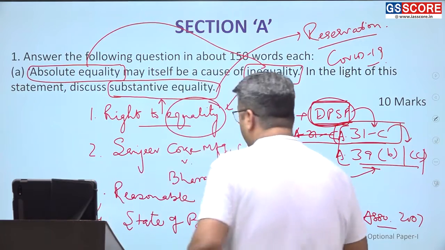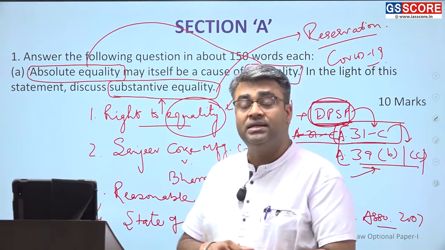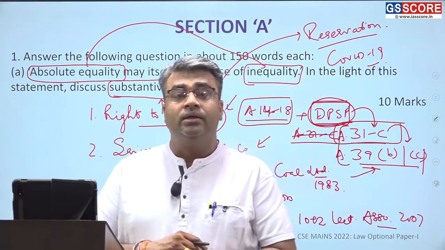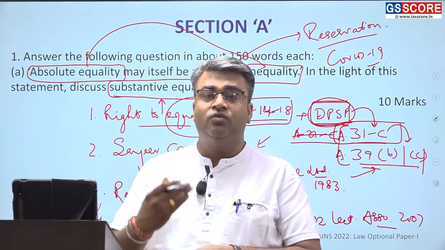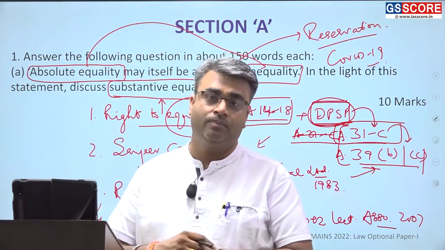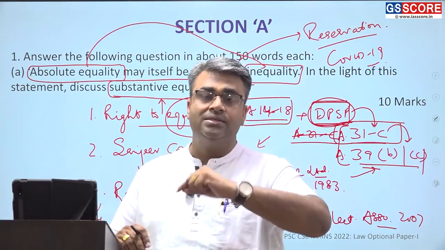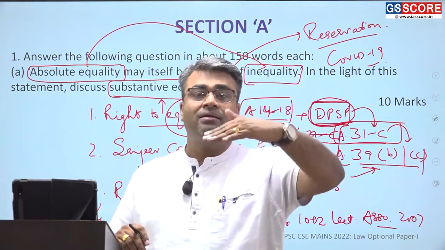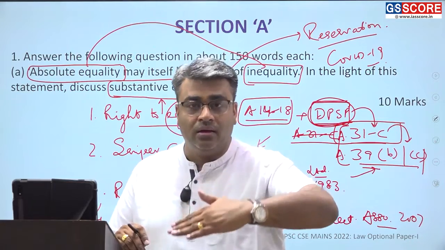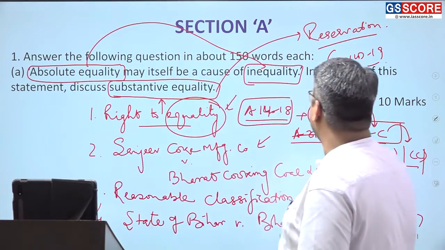So if it is in the interest of the society, if it is in the interest of justice, that we should provide certain benefits to the underprivileged, marginalized section of society, that should be allowed. That is the reason Article 39 Clause B and C are superior, in hierarchy, to Article 14. So you just mention this point.